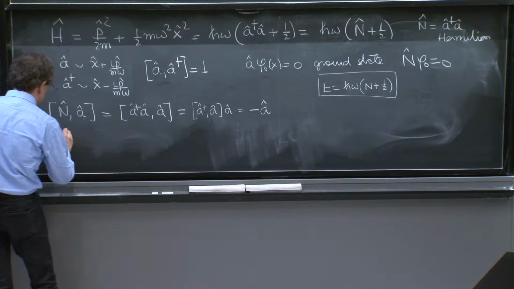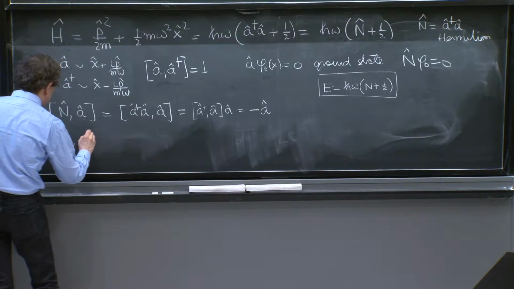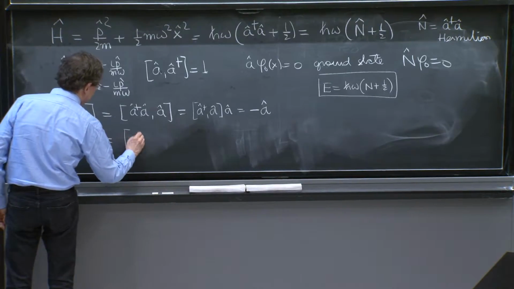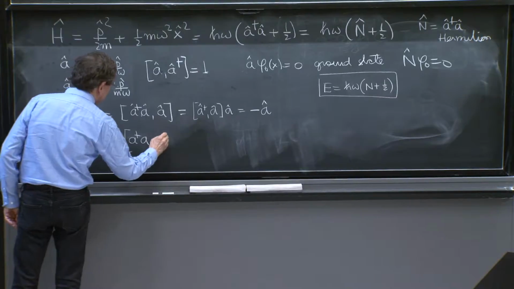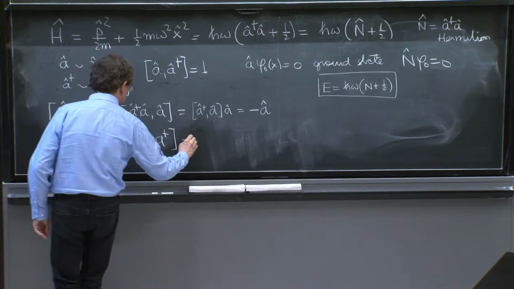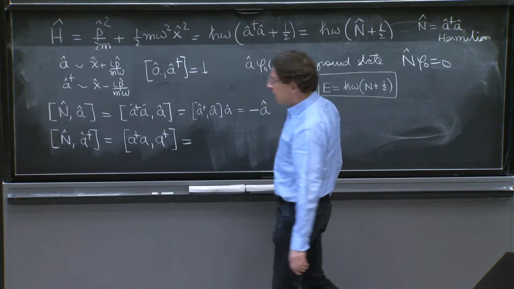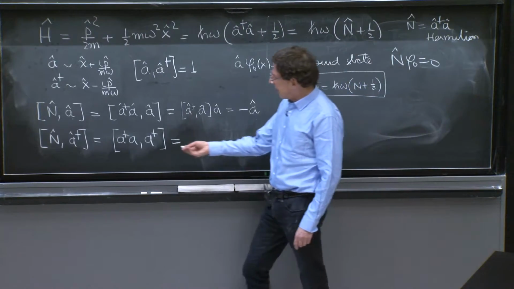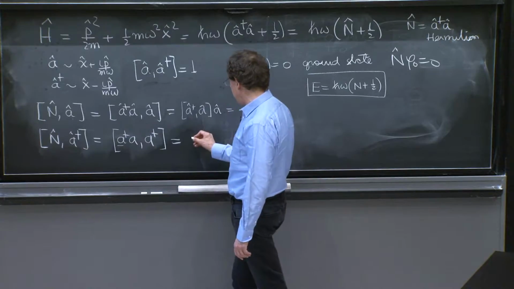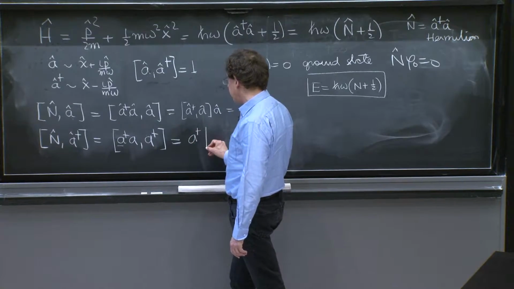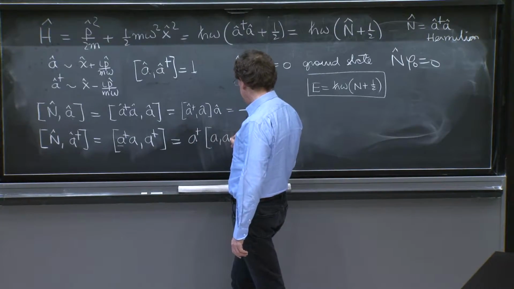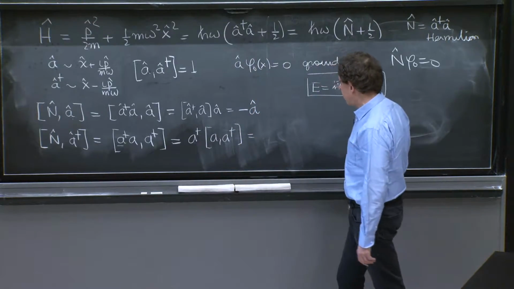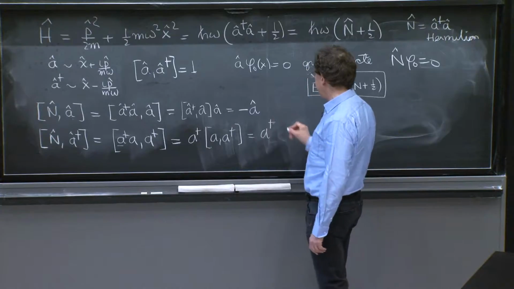How about N with A dagger? Well, this would be A dagger A with A dagger. A dagger with A dagger commute. So this A dagger can go out, and you get A with A dagger, and that's 1, so you get A dagger.